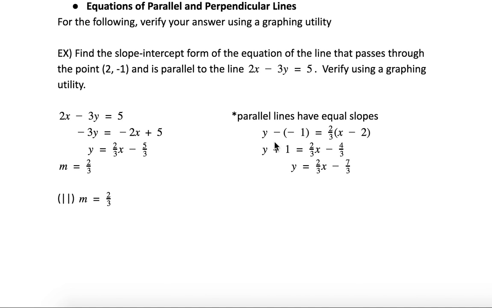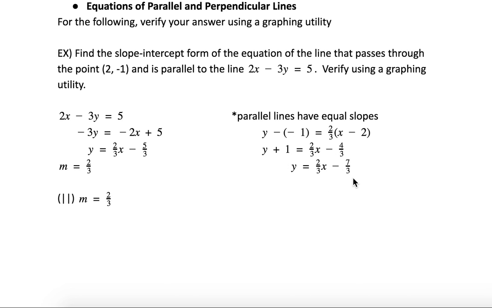Simplify those double negatives first. Distribute on the right here. So 2/3 times x and 2/3 times -2 will give us -4/3. Last step, subtract 1 from both sides. So essentially subtracting 3/3 will give us -7/3. So here is the equation of our second line.